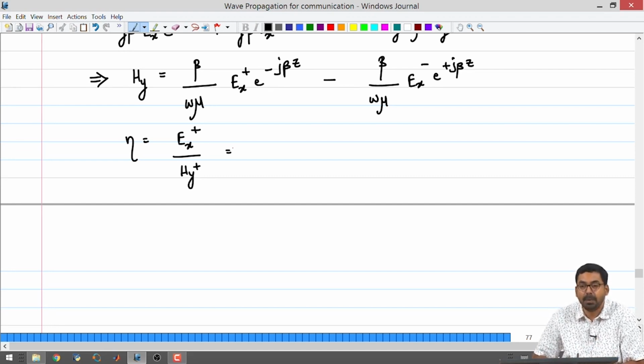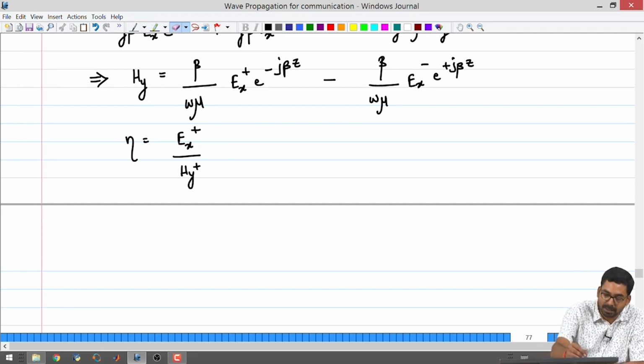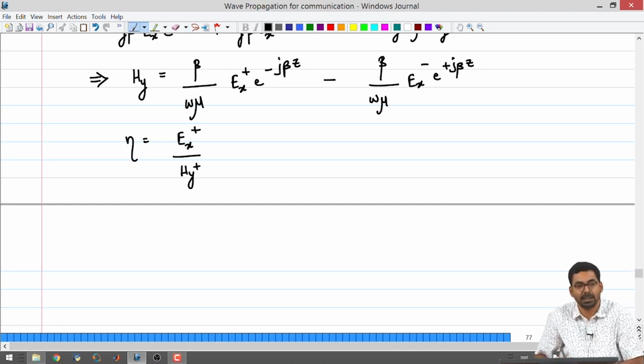For the backward case, you will end up getting a negative sign identical to the case with transmission lines. The negative sign does not mean that you are having a negative intrinsic impedance, it just means that the direction of travel is reversed, okay. So, the similarity keeps on increasing.